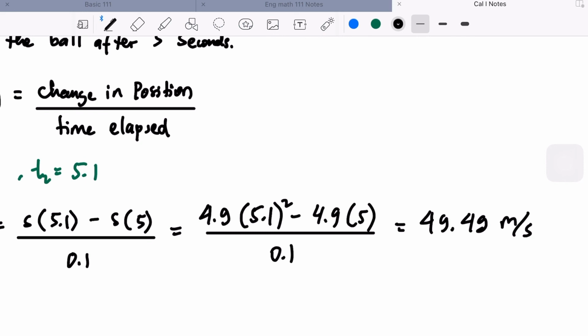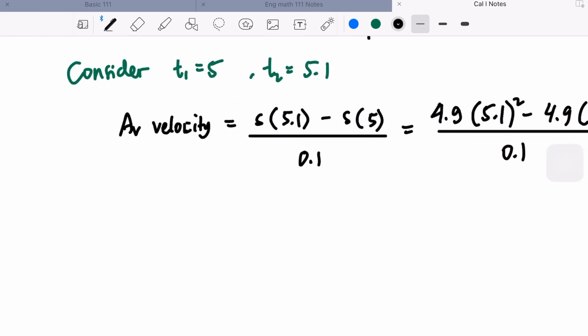But what I want to tell you is not the final result, but how about we change our interval? So the interval that we count here is from 5 to 5.1, and we get the velocity 49.49.